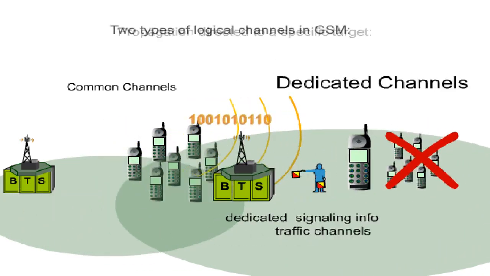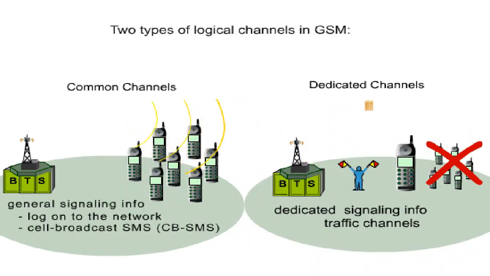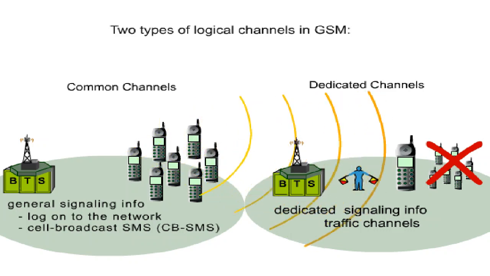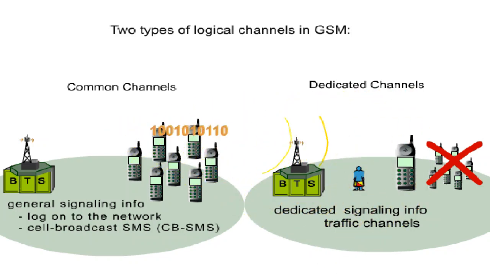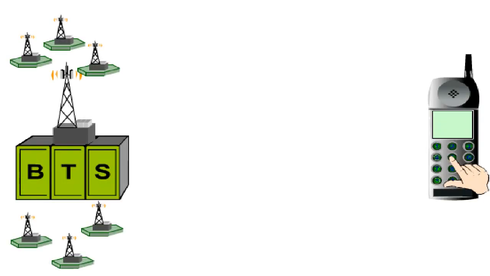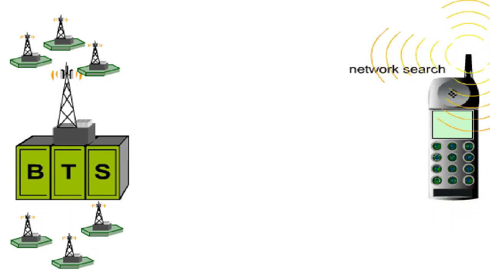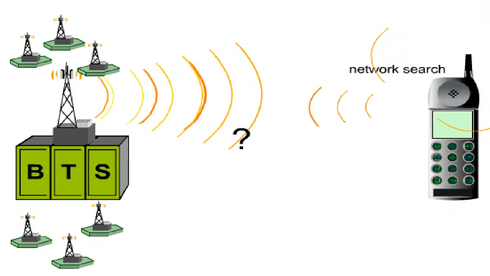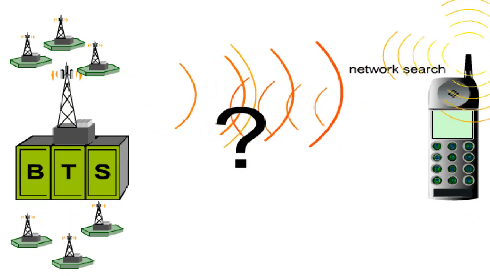To understand the tasks of the individual logical channels, we'll now look at how a mobile station logs on to the network. After the subscriber has switched on his mobile station and typed in his PIN code, the mobile station searches for a network. But how does it log on to the network the subscriber is registered with?